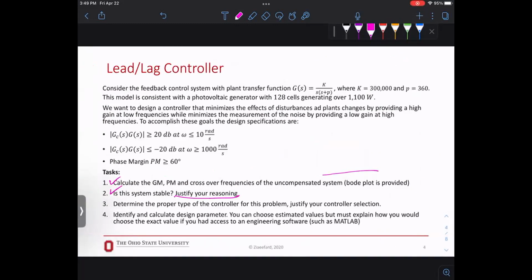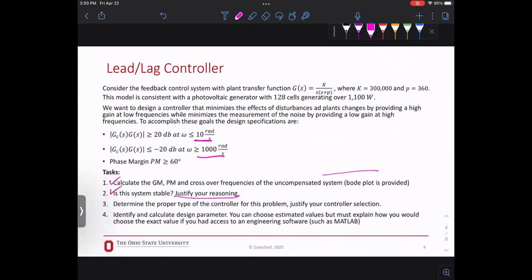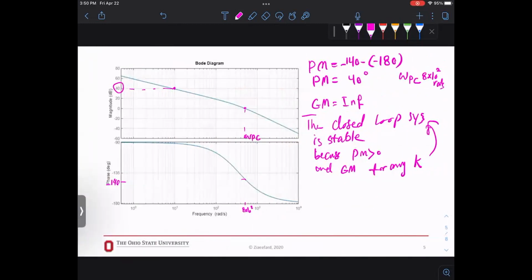Now, the other question: determine the proper type of controller for this problem, and justify your control selection. We need to see the behavior. We know at 10 radian per second and 1000 radian per second, we have some requirements. Let's check that. At 10 radian per second, this is our magnitude. For the values below this, it has to be greater than 20 dB.